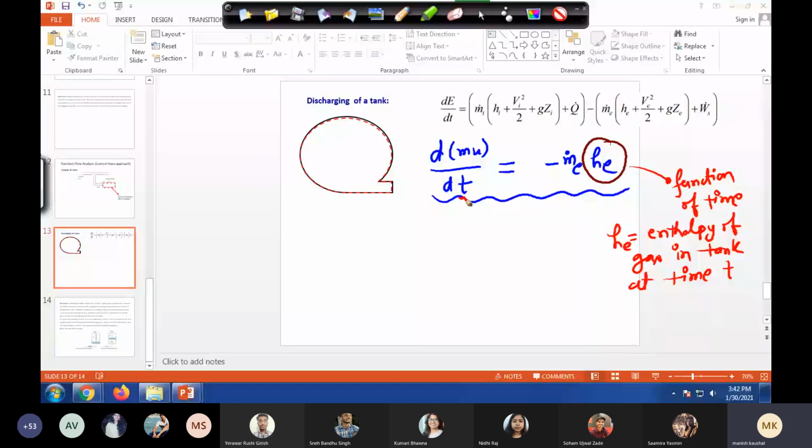Which is nothing but the gas of the tank, or CV, you can say, same thing. That's how we solved the ideal gas from the differential equation.